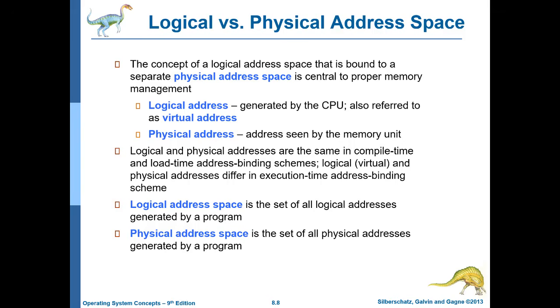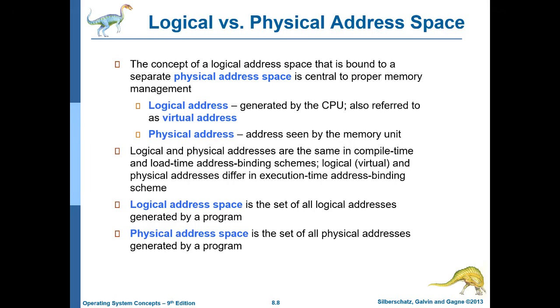So it will send the address of the instruction in this process to the memory unit, and this will be known as the virtual address or the logical address. Now the memory unit will take this virtual or logical address and convert it into a physical address, which will be in the RAM. Then the data or the instruction at that physical address will be fetched from the RAM and loaded into the memory.